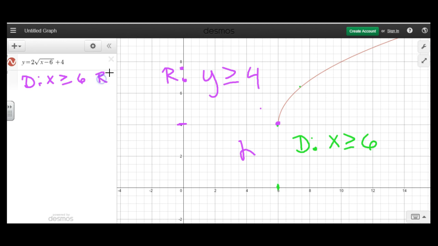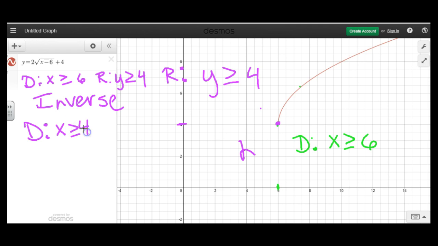Our range was y greater than or equal to 4. If we wanted to talk about the inverse's domain and range, again, we just flip it. The domain would be x greater than or equal to 4, and our range would be y greater than or equal to 6. The domain still needs to consist of x's, so that's why we keep the x, but we flip the values that were used in the domain and the range.